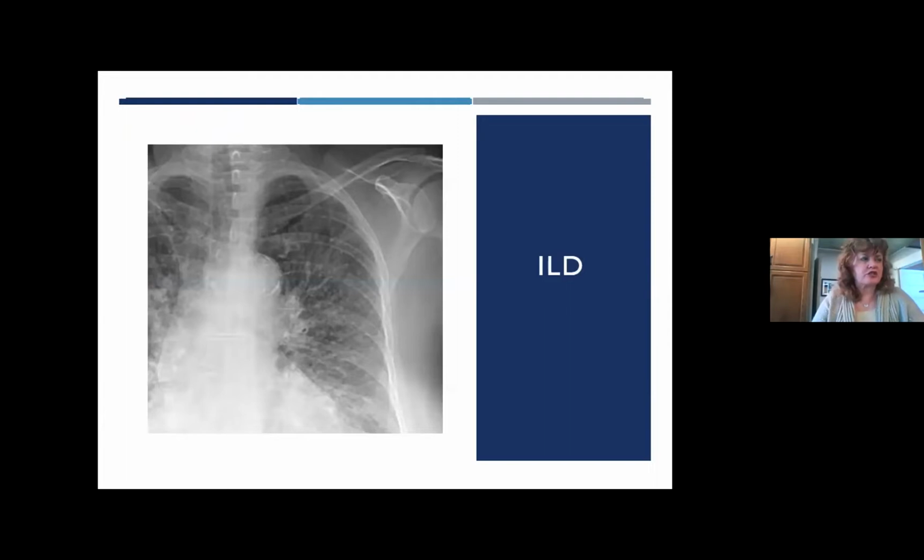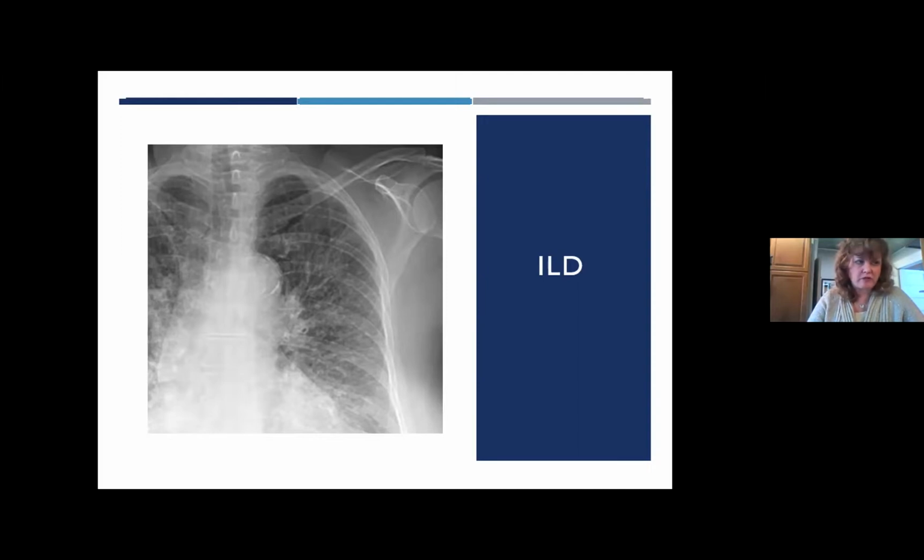In contrast, the interstitial lung diseases really represent a heterogeneous group of restrictive lung diseases, and they may include things like interstitial pulmonary fibrosis or sarcoid, or, if you're thinking about what we're seeing in individuals who are developing long-haul COVID symptoms related to mechanical ventilation for COVID, they're developing these scarring or fibrotic pictures in which there is both scarring of the lung tissue as well as damage to the alveolar spaces.